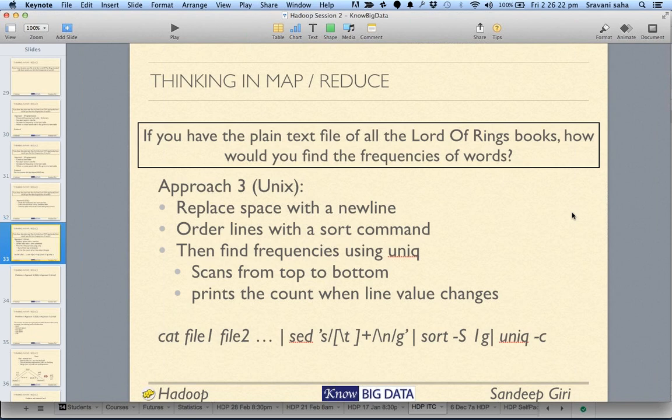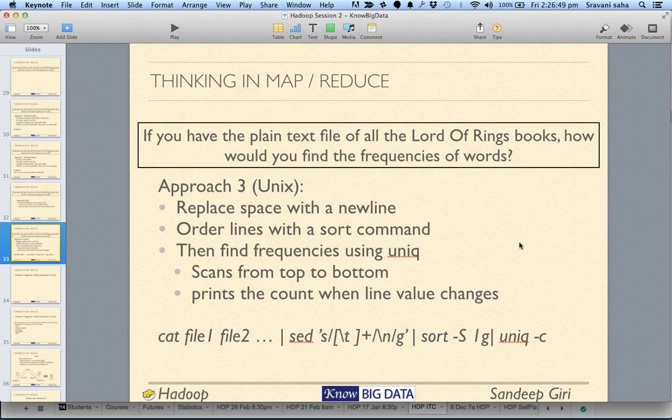So Unix, or the programs provided by Unix, can be used to do the job. In a pipeline, each element gives out the output and also takes the input.